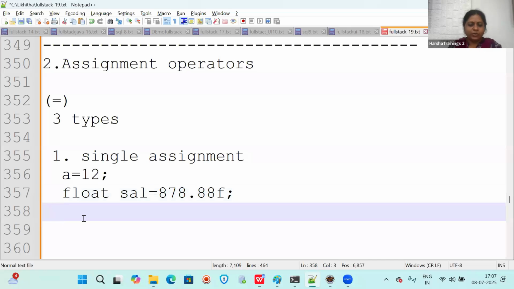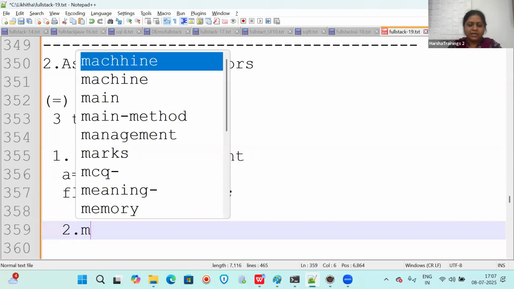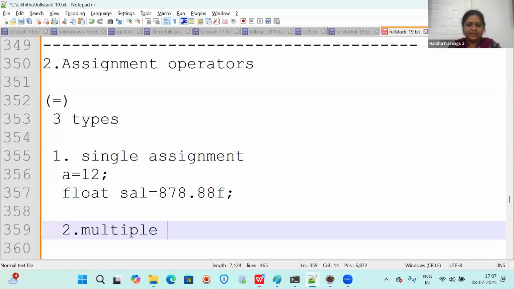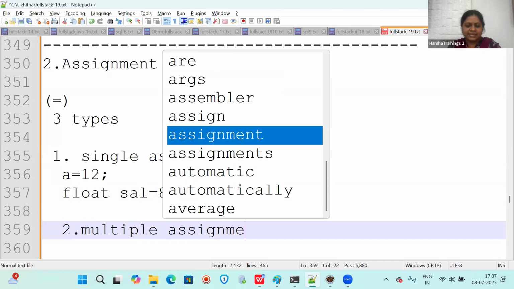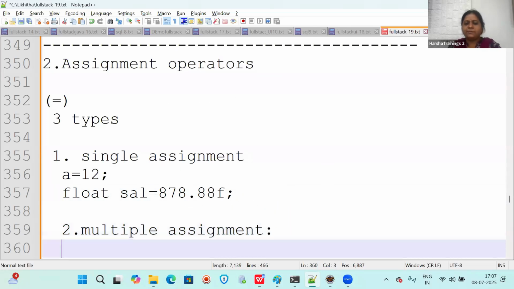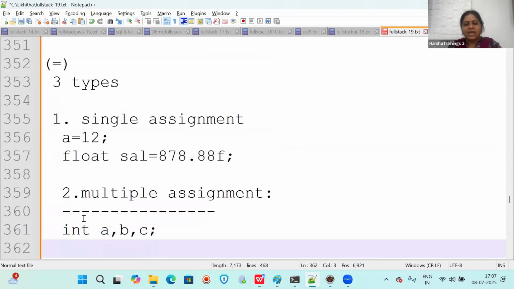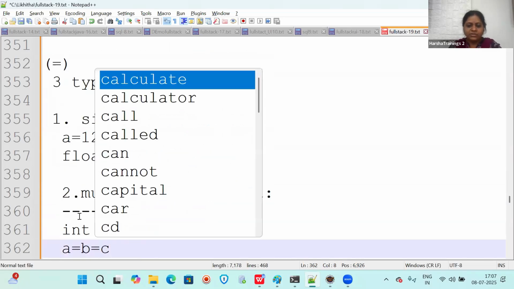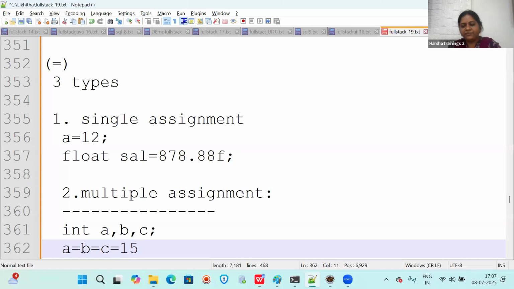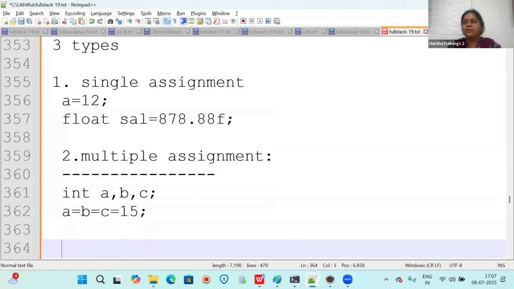Next, we have multiple assignment. What is this multiple assignment? When you are declaring, suppose, int a, b, c, and you say a equal to b equal to c equal to 15, this is called multiple assignment.